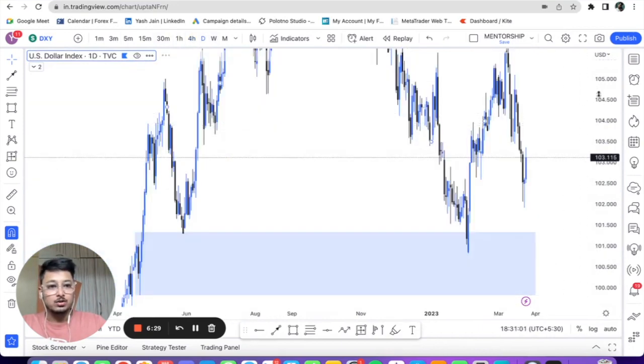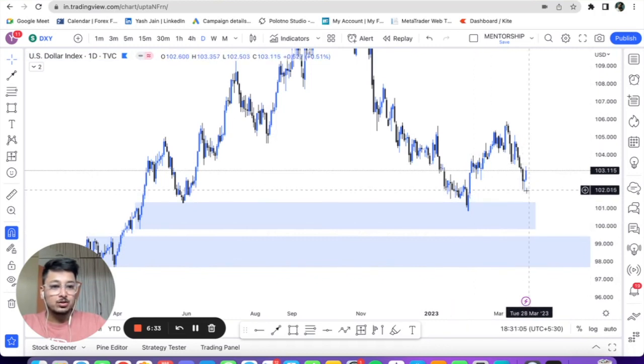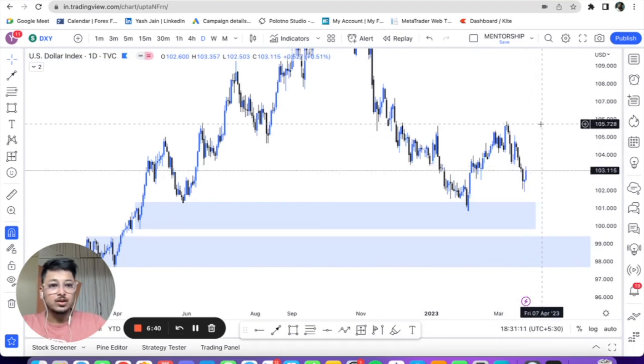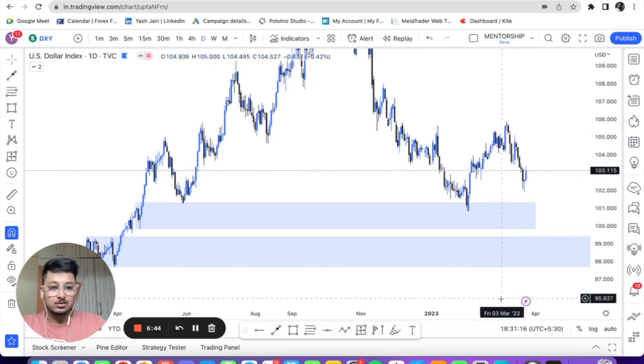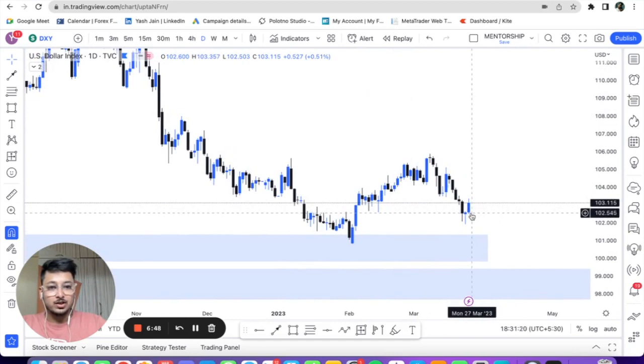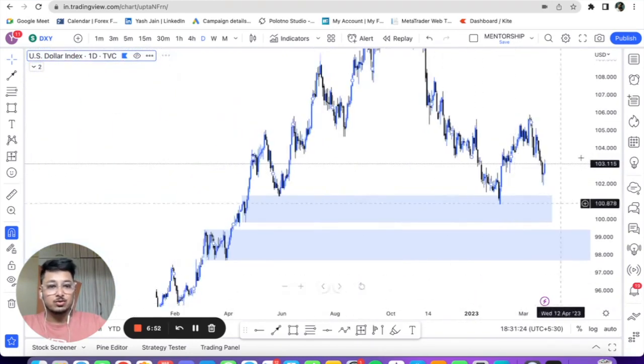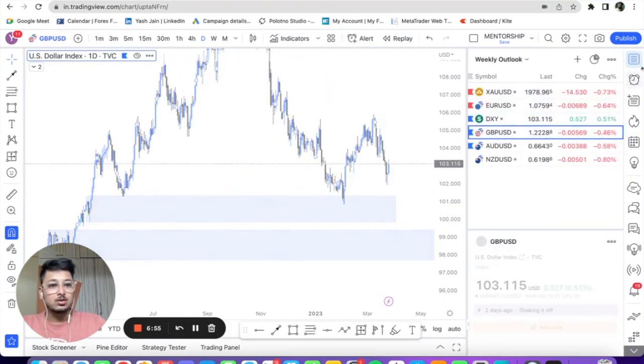If I go on a 4 daily time frame, we have just tapped into the significant demand area on 23rd of March, and now we are pushing higher, right? So factors are aligning that currencies might correct in coming days, coming weeks. So yeah, I would be very much interested to look for short positions only.